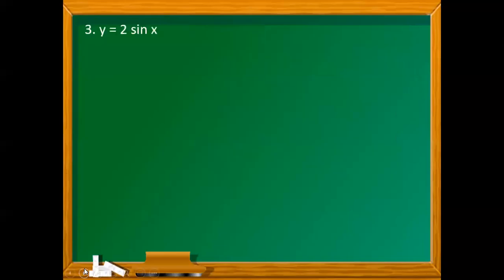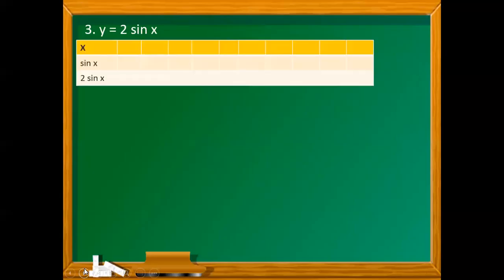How about this graph? y equals 2 sine x. So we're going to divide 2 pi again by 4, and this is pi over 2. So we will be adding this starting from negative 2 pi.